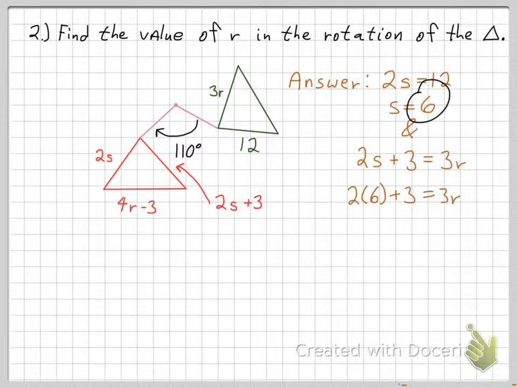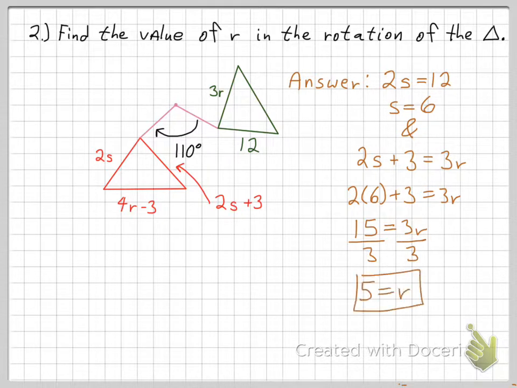I'm substituting s equals 6 for s in there, and I'm getting 15 equals 3r. Divide both sides by 3, and you get 5 is equal to r. So find the value of r in the rotation. R is equal to 5.